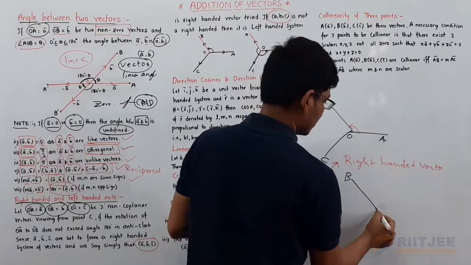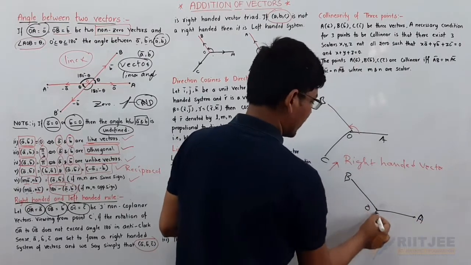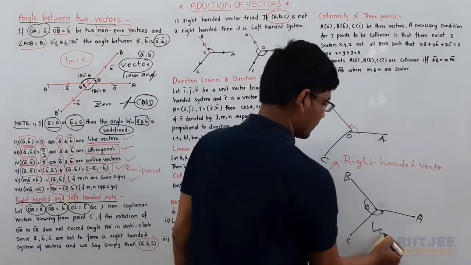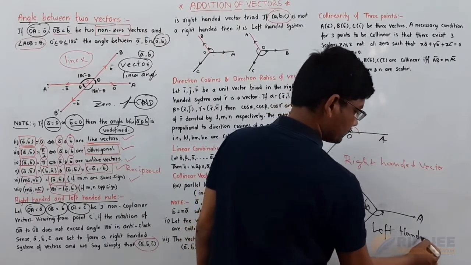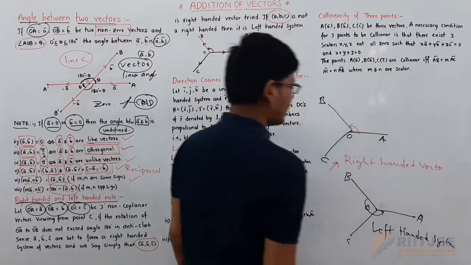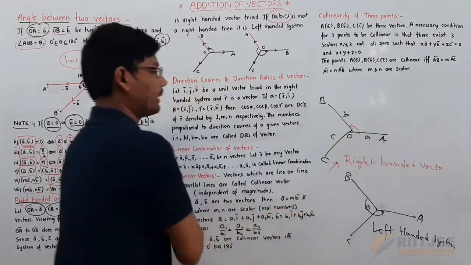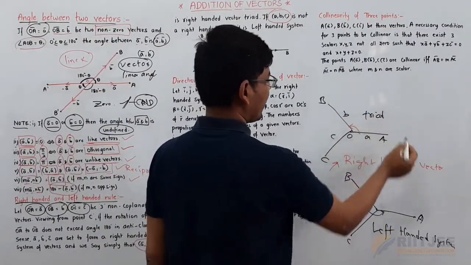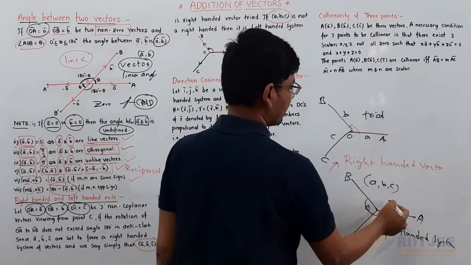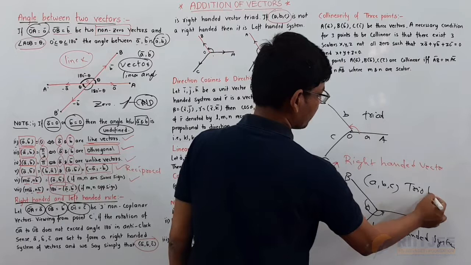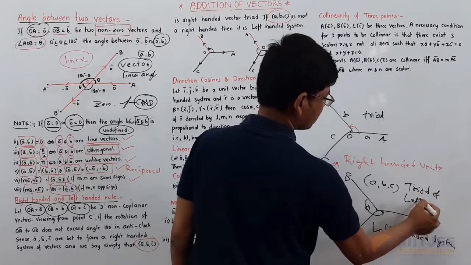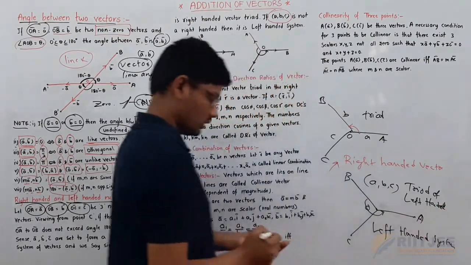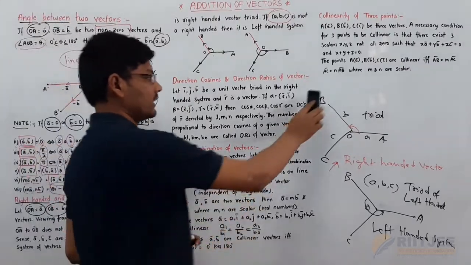This is OB and this is OA, this is O, and this is point C. The angle between them is a left-handed system, and a, b, c is a triad of right-handed, whereas the other is a triad of left-handed. So this is all about right-handed and left-handed triads.